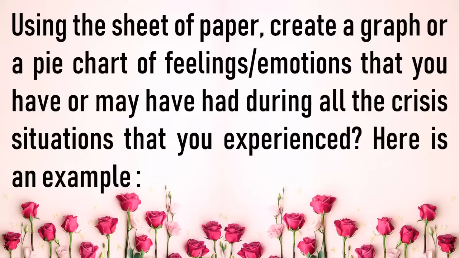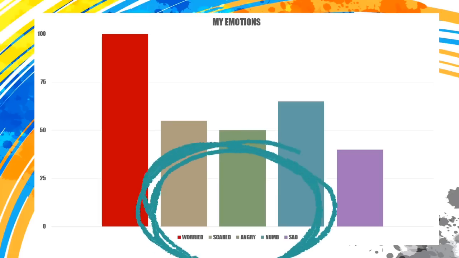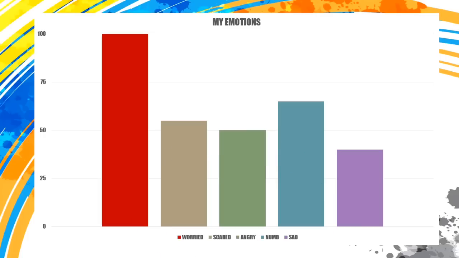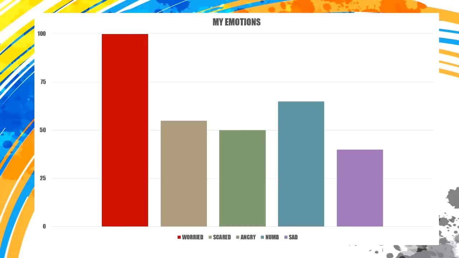Here's an example. On my emotion chart, you can see five emotions that I've selected. I had worried, feeling scared, angry, numb, and sad. On the x-axis, I have points pertaining to 0, 25, 50, 75, and 100.